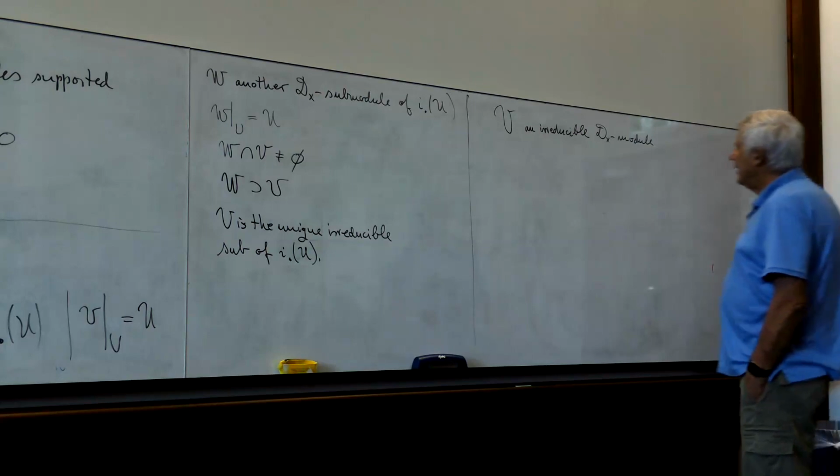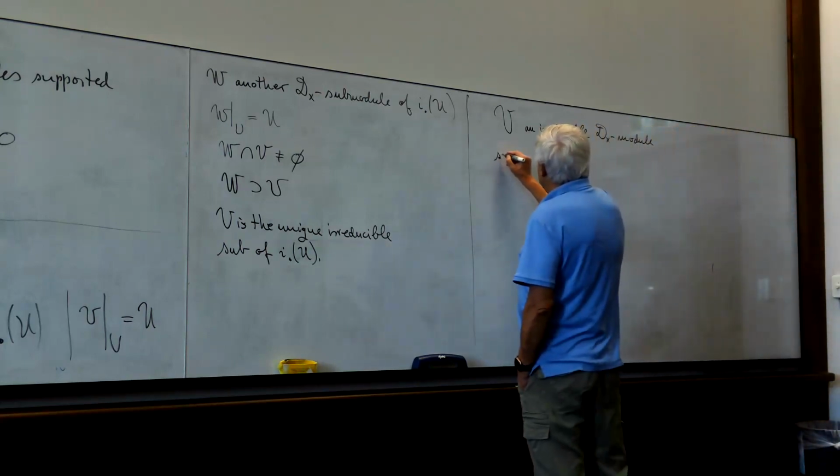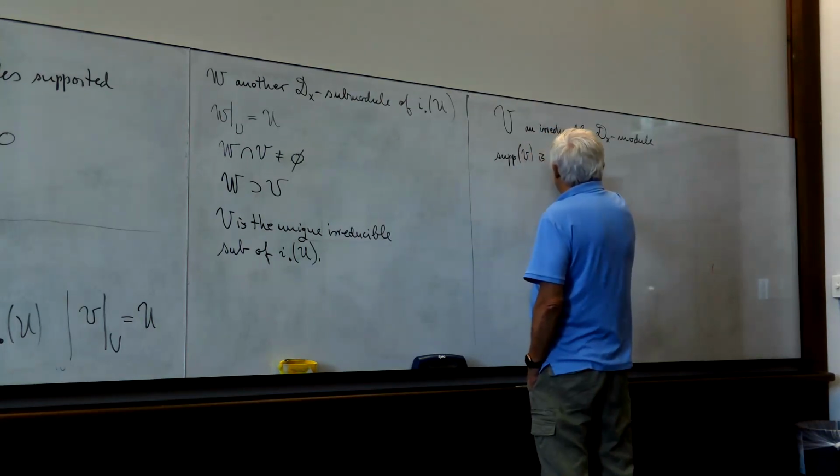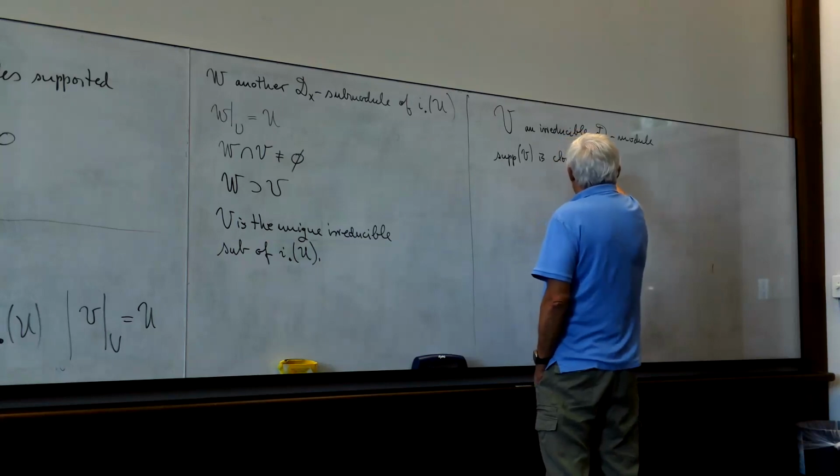And so the support of V is closed and irreducible.